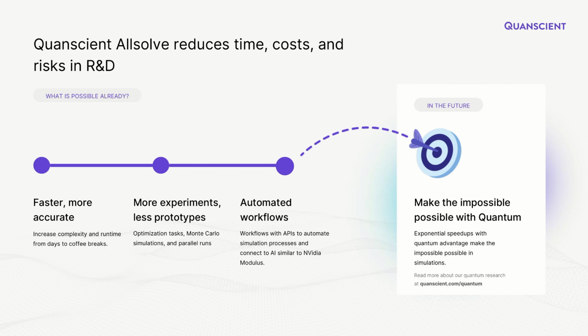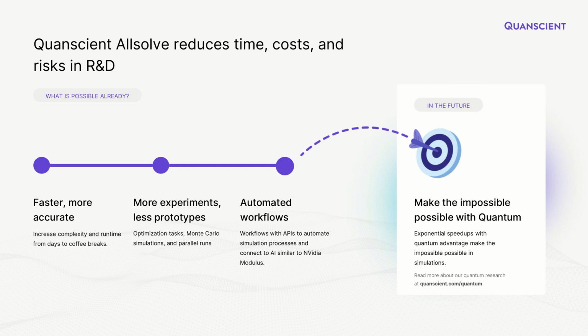What cloud computing, and especially our cloud computing algorithms, allow our customers to do is to increase the complexity and decrease the runtime from literally days to coffee breaks. We like to say that you can run 10 times more accurate simulations in a tenth of the time.